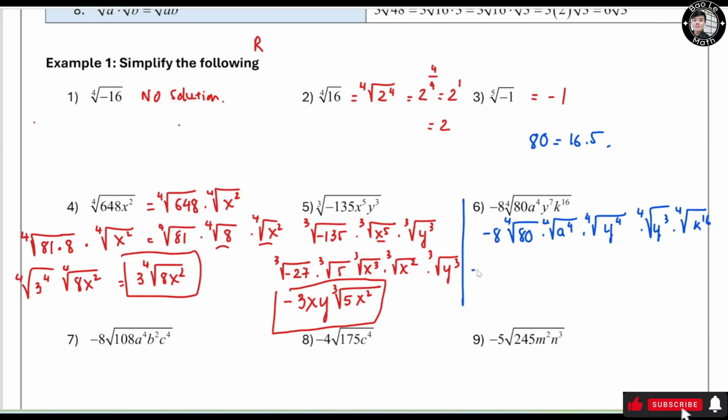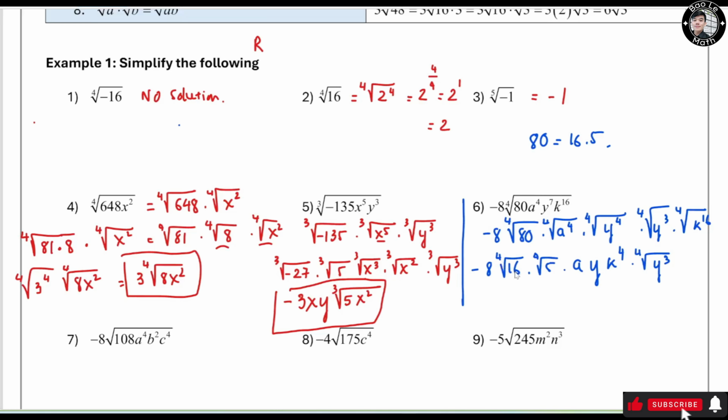So this turns out to be negative 8 times 4th root of 16 times 4th root of 5, times 4th root of a to the 4, which is going to be a, right? 4th root of y to the 4 is going to be y. 4th root of k to the 16 is going to be k to the 4, right? And we just rewrite this, 4th root of y cubed, right?